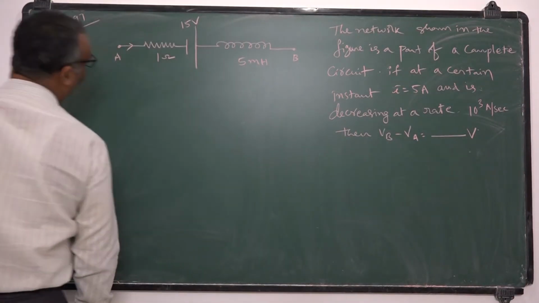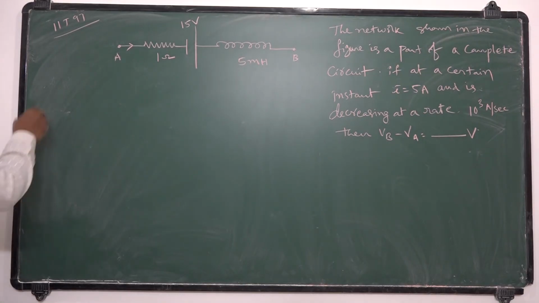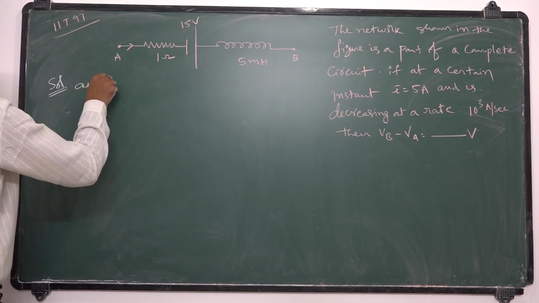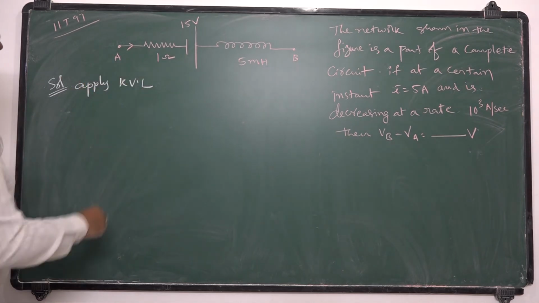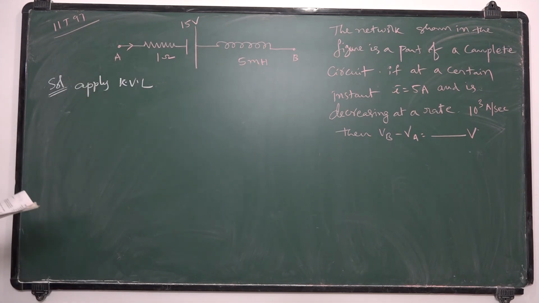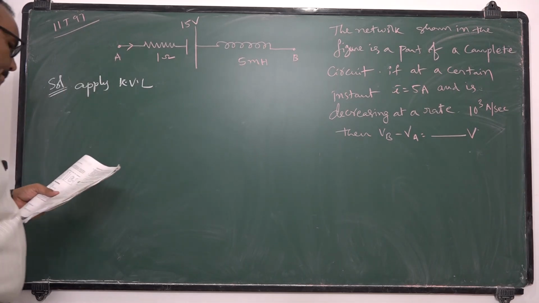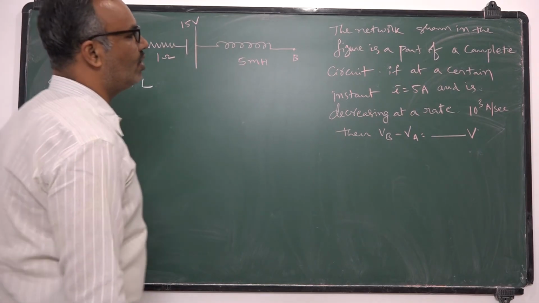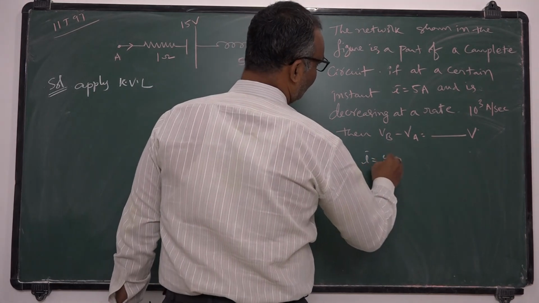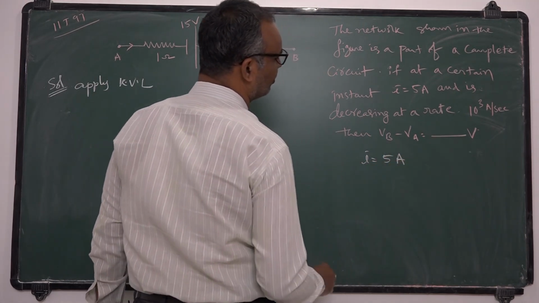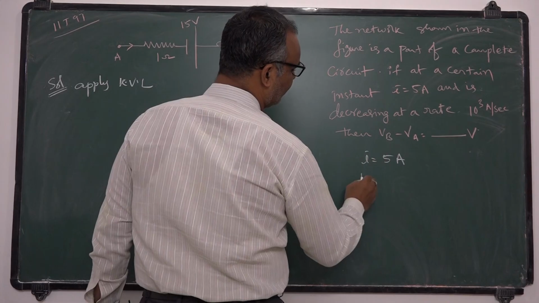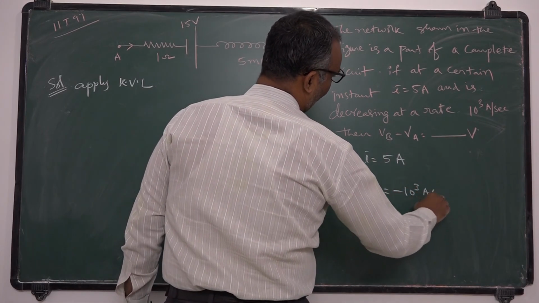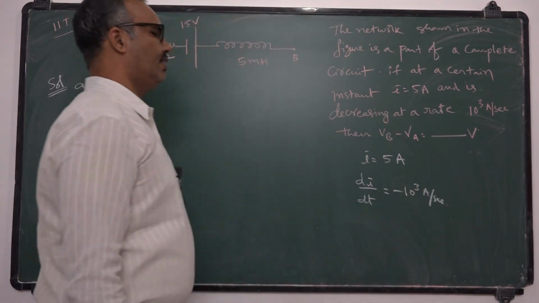Observe clearly the circuit and apply Kirchhoff voltage law. The data given to us is that at a particular instant the current passing through the circuit is this. The rate of decrease in current di by dt is equal to minus 10 cube ampere per second. Here minus indicates decreasing.